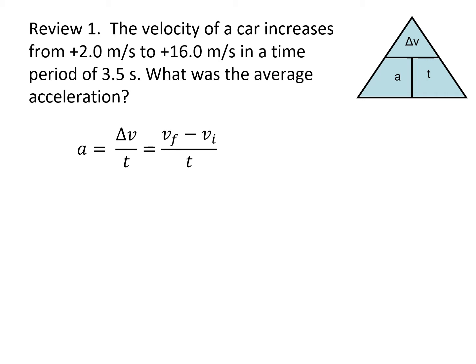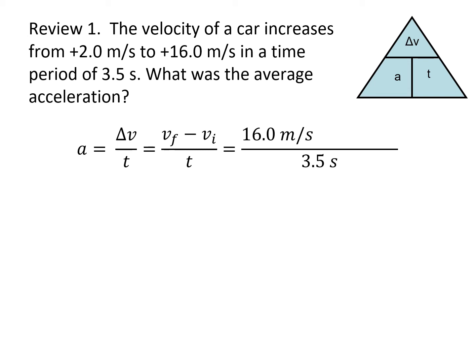VF is not the biggest number, it's the last number. So it's not the 2, it's the 16 in this case, because the final velocity of the car is 16 meters per second. Obviously the time is 3.5 seconds, that's pretty easy, but make sure you get that VF correct. It's 16 meters per second.